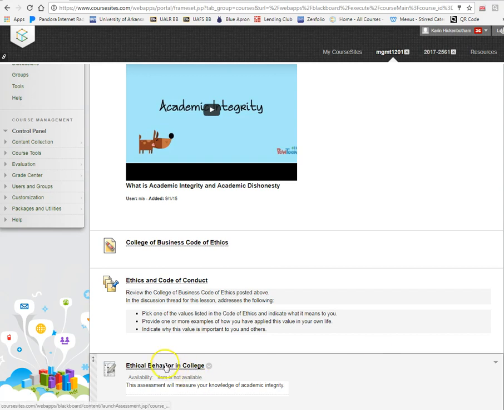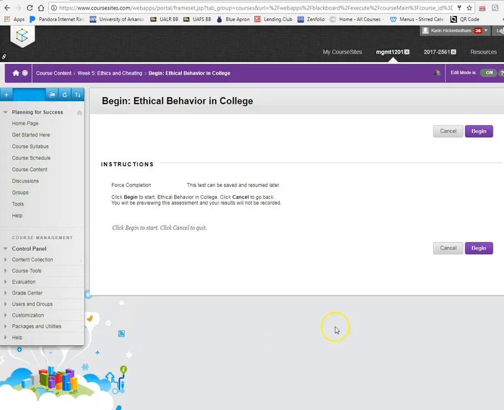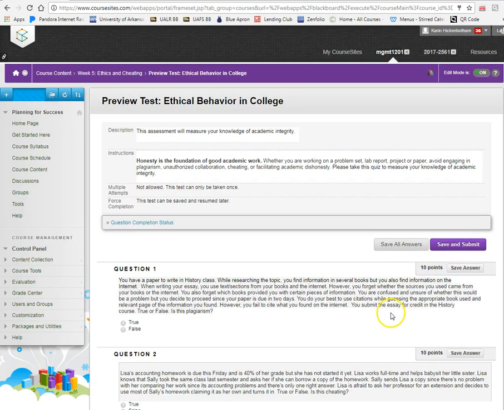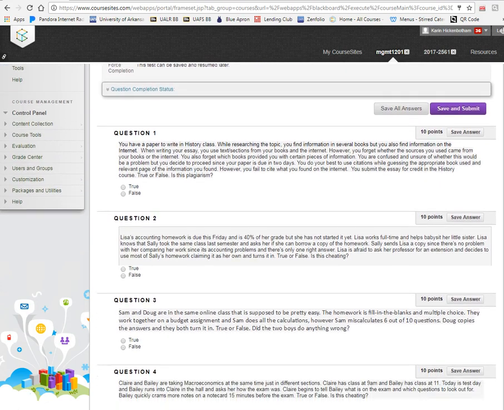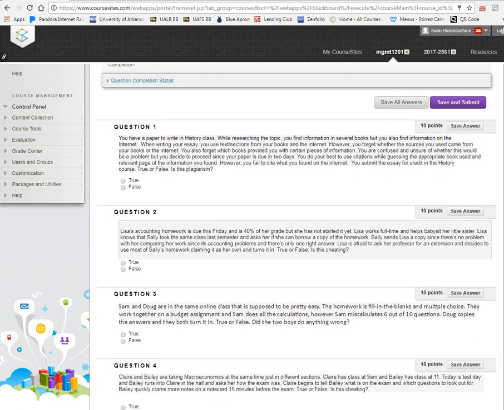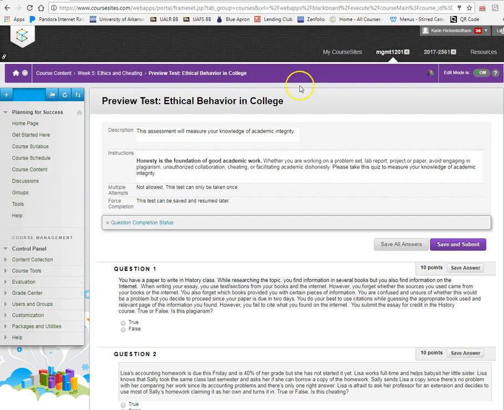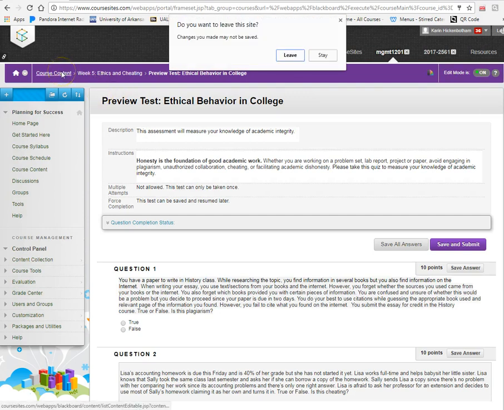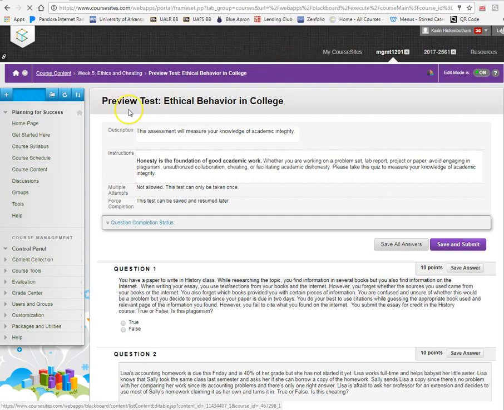Then finally, here's an assessment of ethical behavior in college, and what I've done is write out 5 case scenarios that I have actually seen during my time here at this university to maybe help clear up some of the gray area that we have in academic dishonesty and make them aware that these are actual case studies. So this will be an assessment they will take. And finally, we'll leave that page.